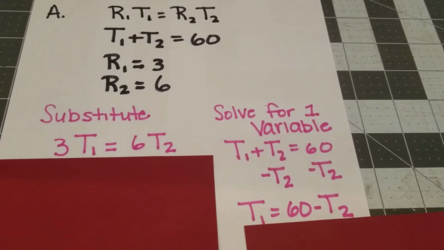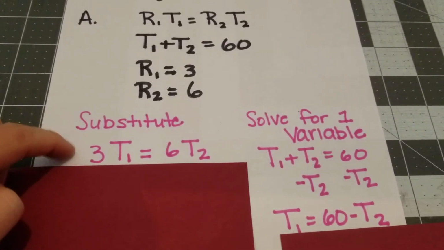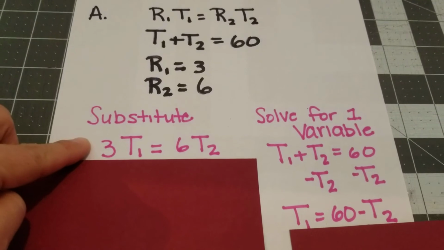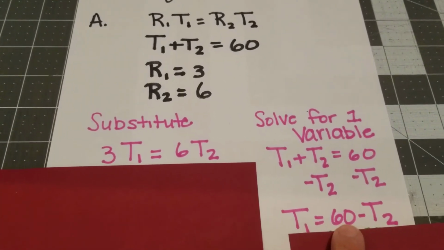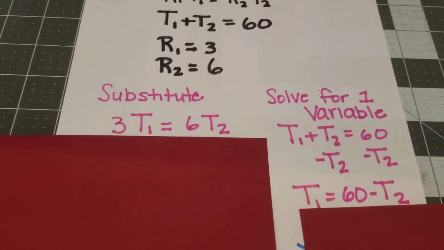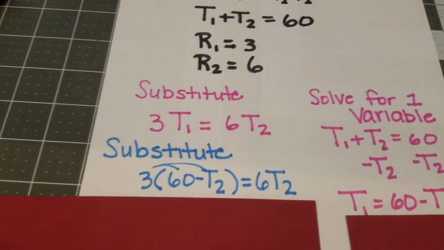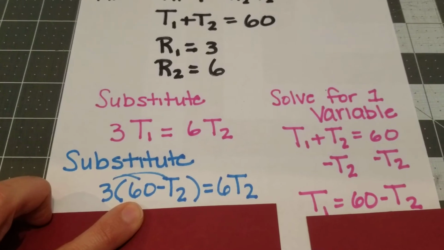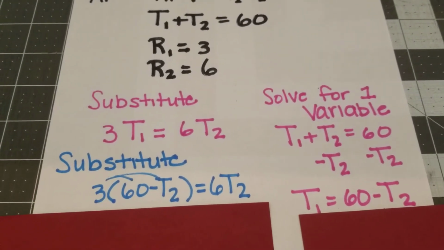Now I can take that back to this side and substitute for T1 the equivalent expression, 60 minus T2. So I have 3 times the quantity 60 minus T2 is equal to 6T2.